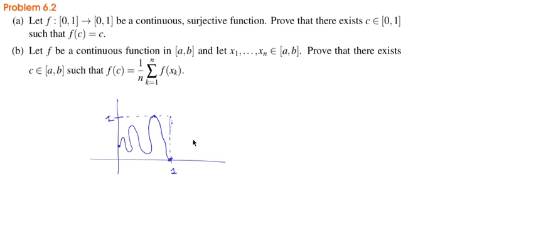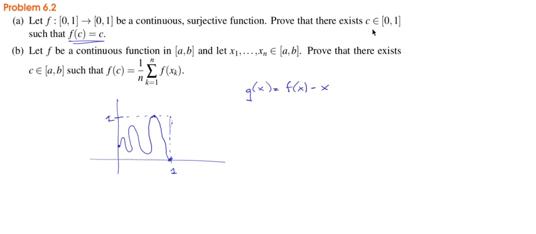So there are many ways to approach this problem, but the idea here is that if you define this function g of x as f of x minus x, then g is continuous, because it's a combination of two continuous functions. Now g is defined also on the interval [0, 1], but it maps values from -1 to 1 in principle.